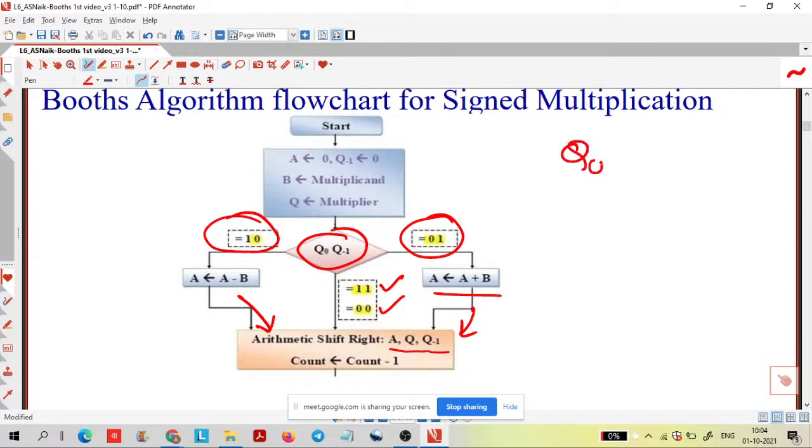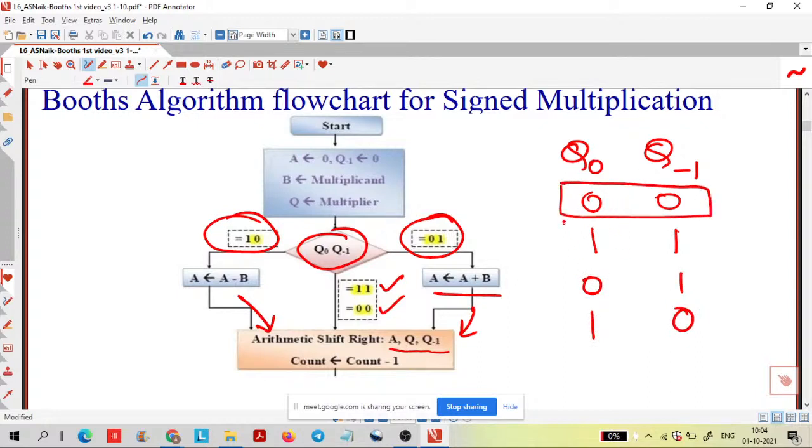So Q0 and Q minus 1 can be 0 0, 1 1, 0 1, 1 0. If both are the same, you only perform the arithmetic shift of the content of the accumulator, the content of the Q register and the content of Q minus 1.